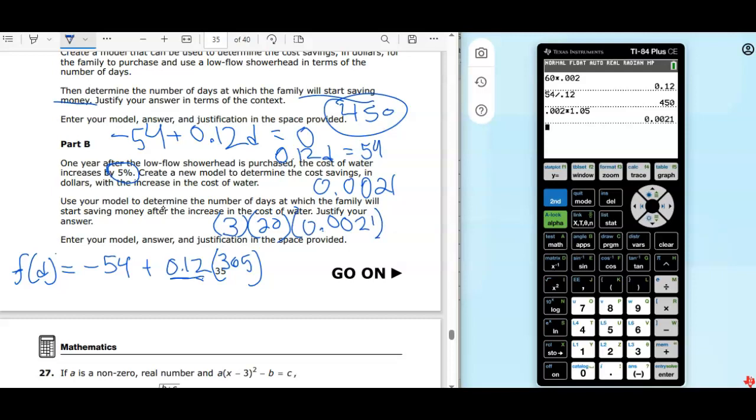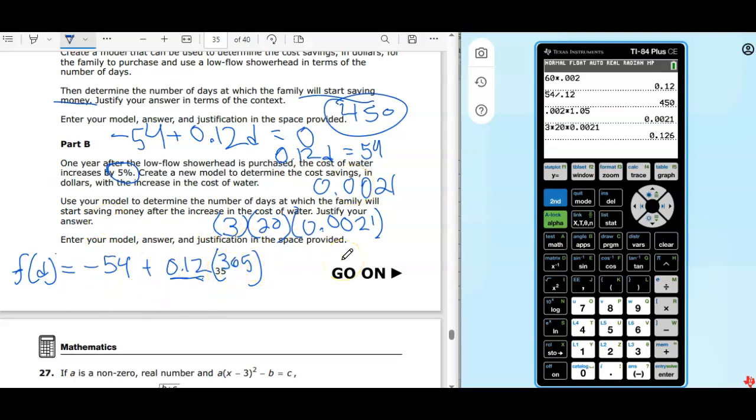So that's going to be 3 times 20 times 0.0021. And so that's going to be 0.126 cents per day.